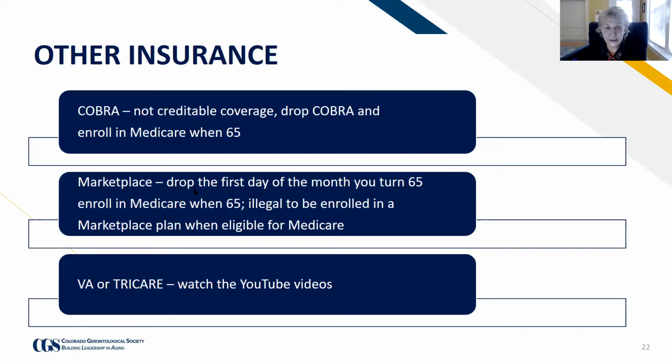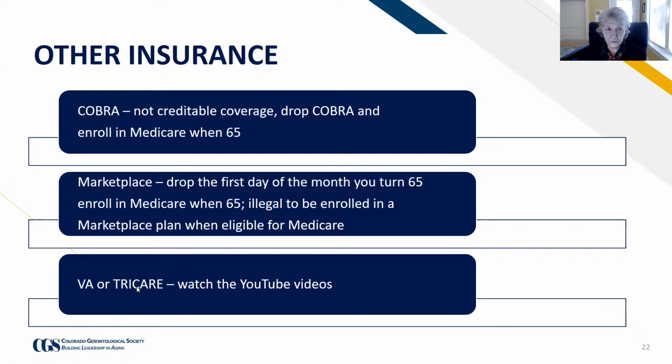If I turn 65 on February the 10th, I want my marketplace plan to end on January 31st, and I want my Medicare to start on February 1st.